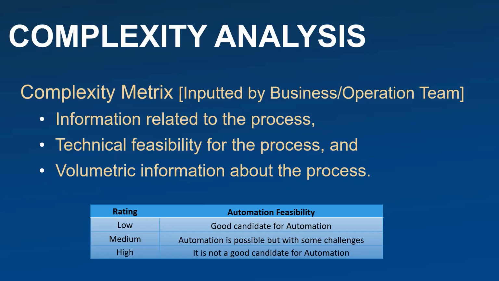Generally, where they are involved, these are rated as high complexity projects. It is not that it's not feasible for automation. Of course, it can be, but the entire development and effort would be much higher compared to the other rated processes.